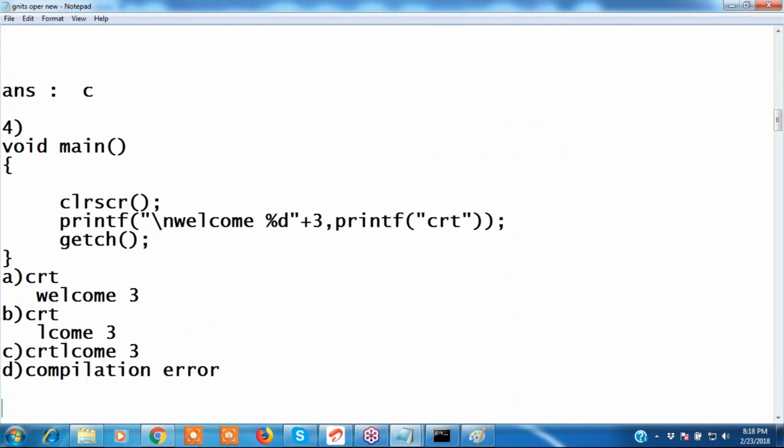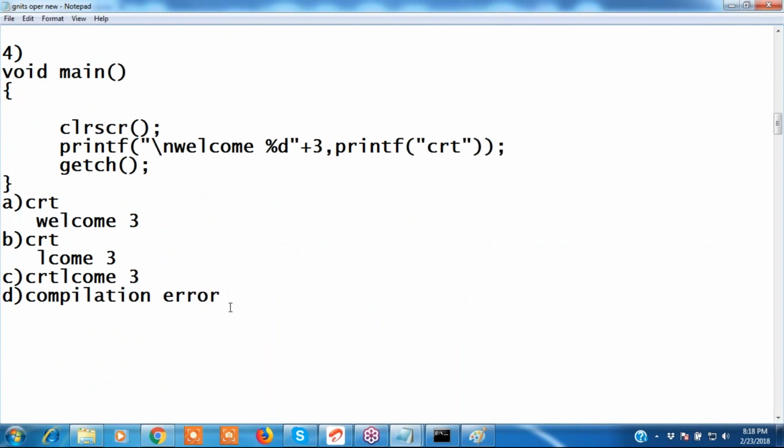Next one, fourth one. B option, sir. B. Okay, 0, 1, 2, Aravind Reddy also B. See, here you are saying C is the answer. Okay.